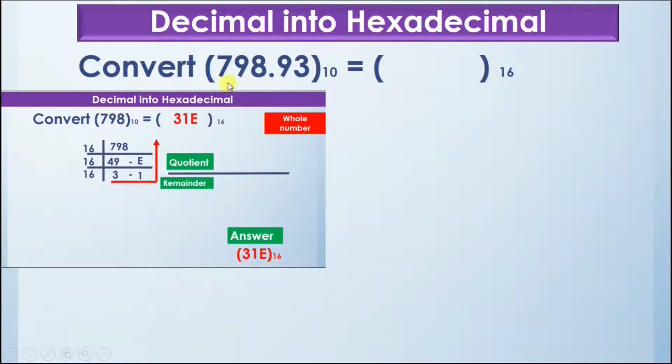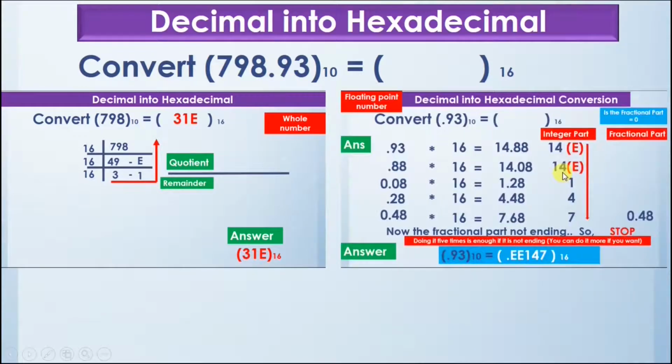Once we calculated the whole part, we will look at the fractional part and solve it using the procedure that I already explained, so we do not need to repeat it. The answer of 0.93 in decimal into hexadecimal is 0.147.